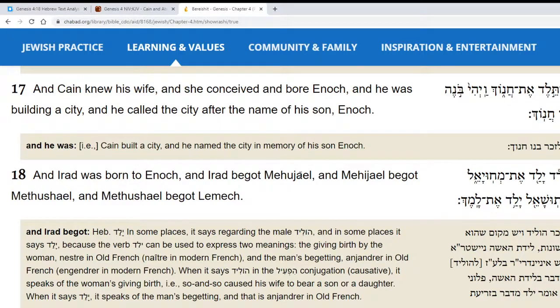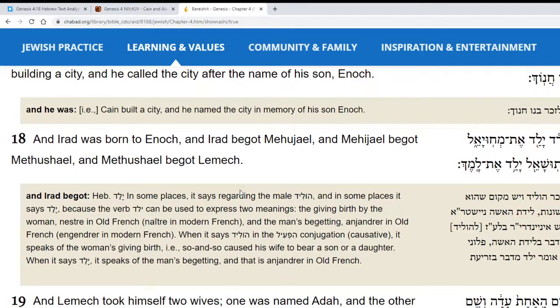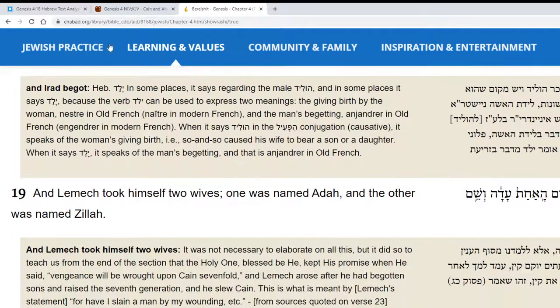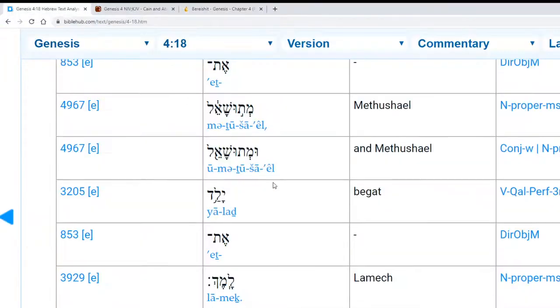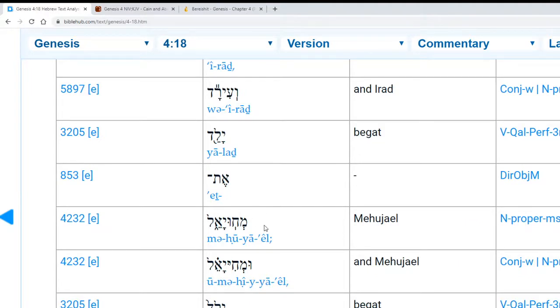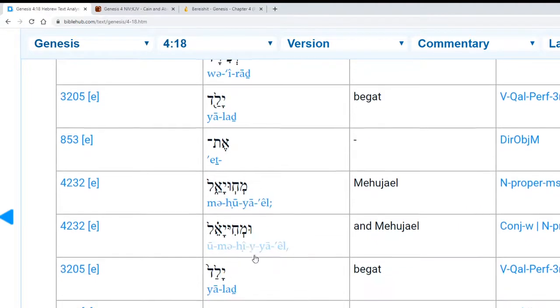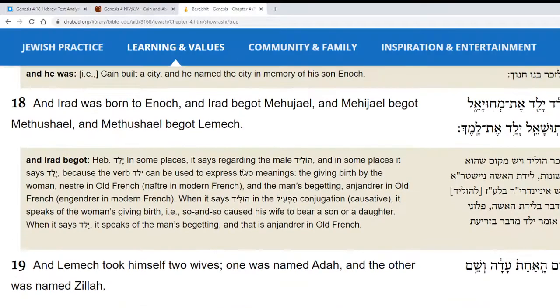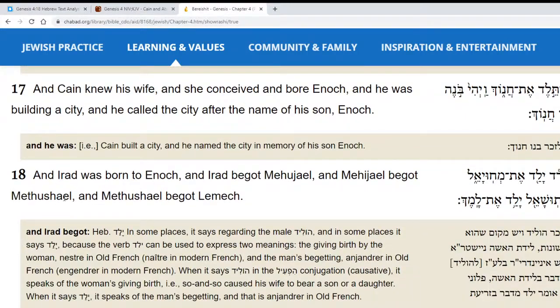Begot Methushael, and Methushael begot Lemech. Because it is kind of strange that Mehuyael, and so they have two different names.